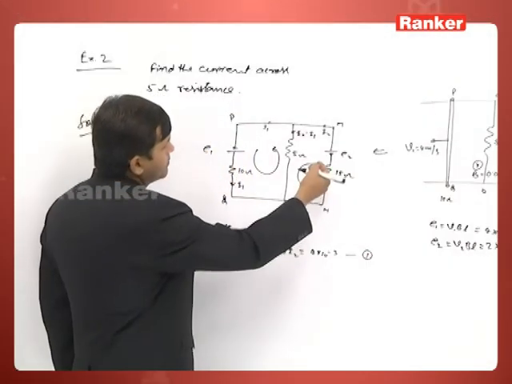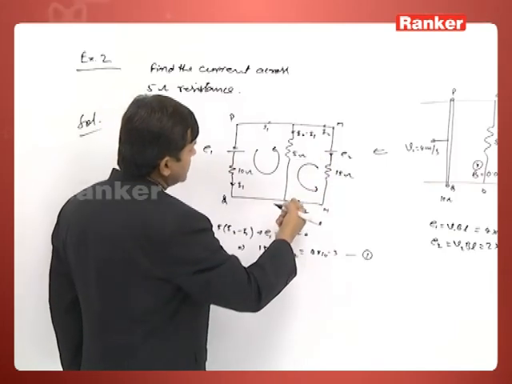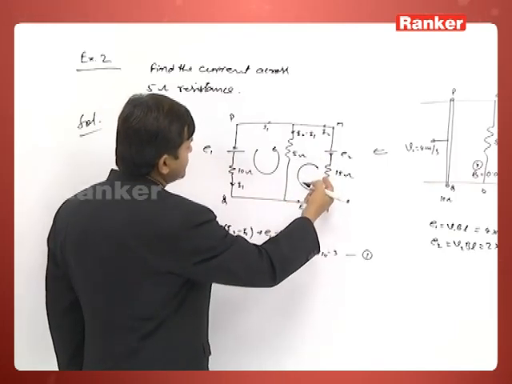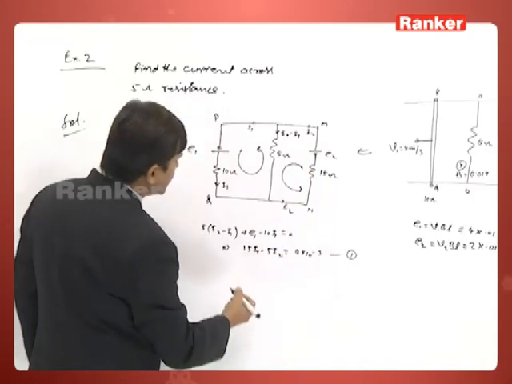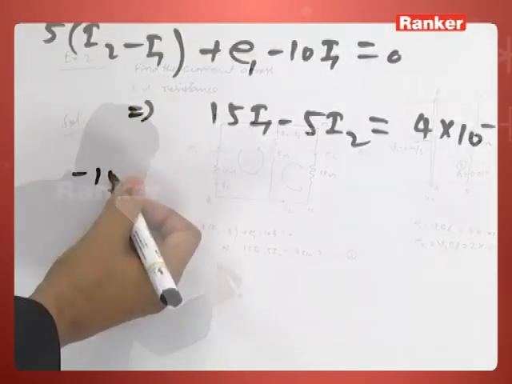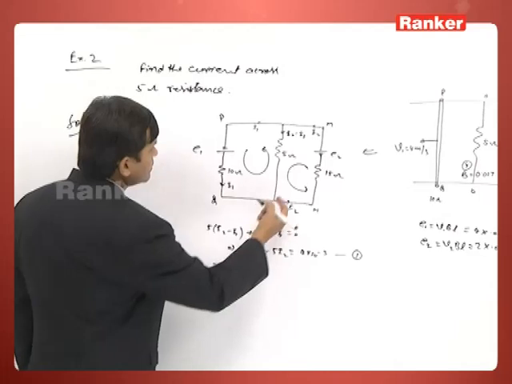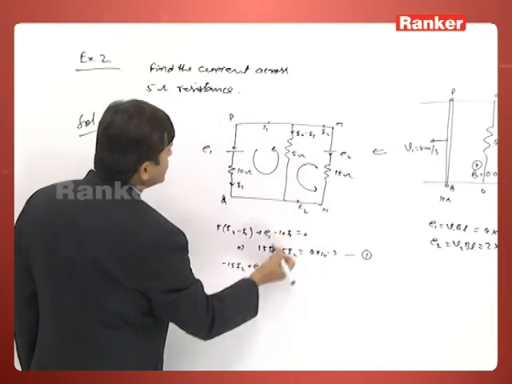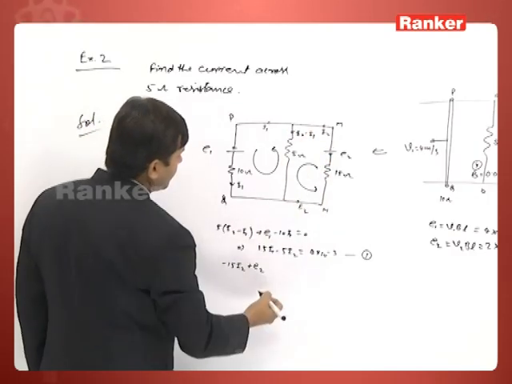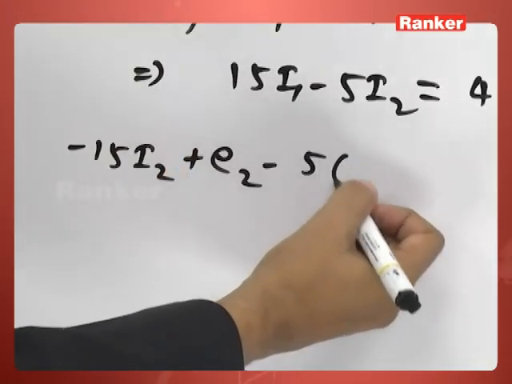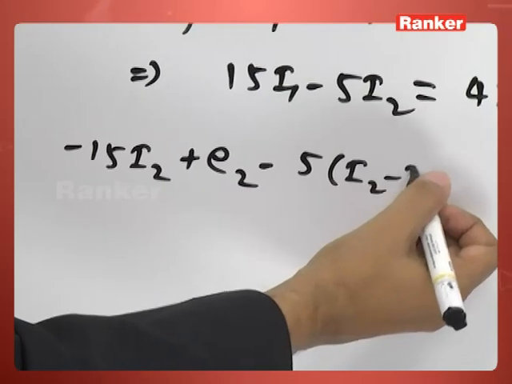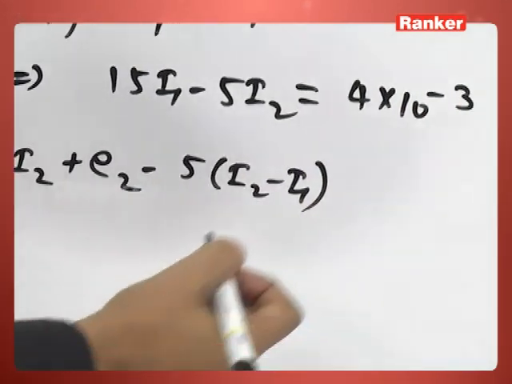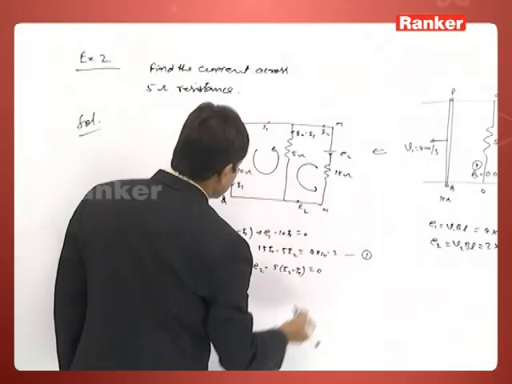Similarly, we can apply Kirchhoff's law here. We are moving from this side. So minus 15 I2 plus E2. This is plus E2. Then here minus 5 times (I2 minus I1), and this is equal to 0.